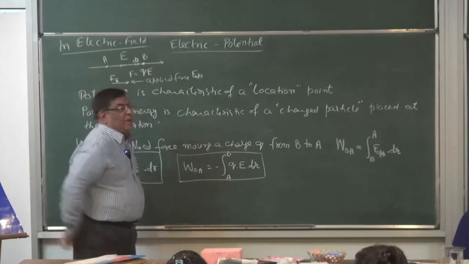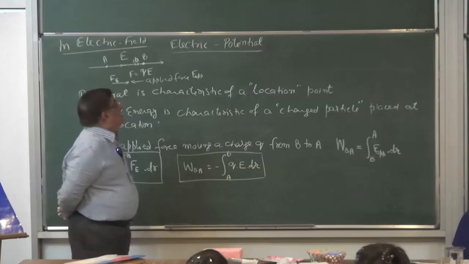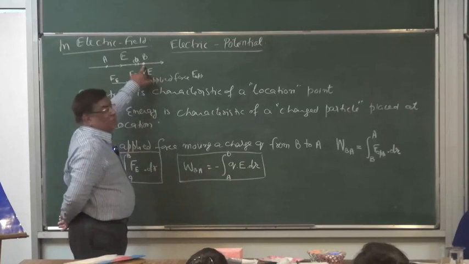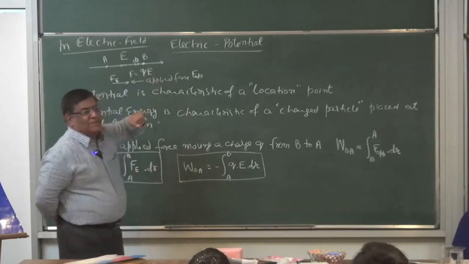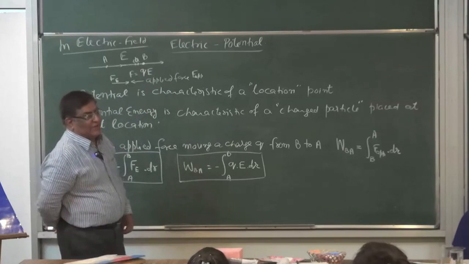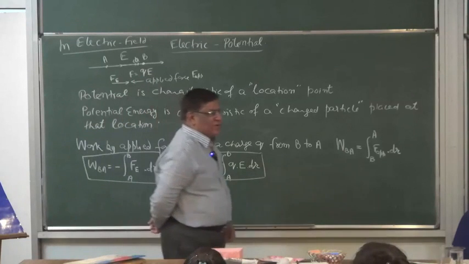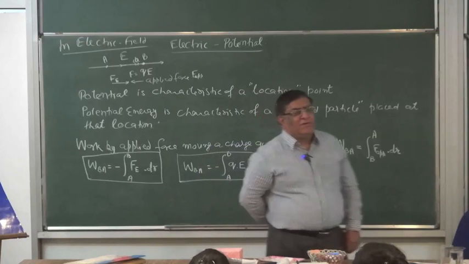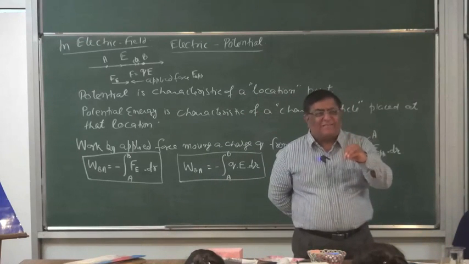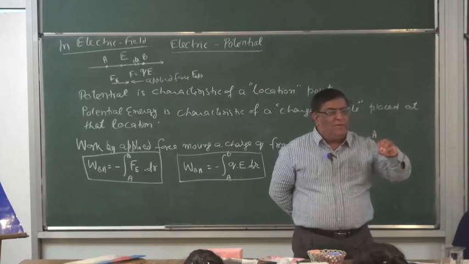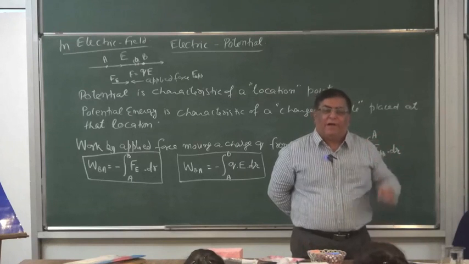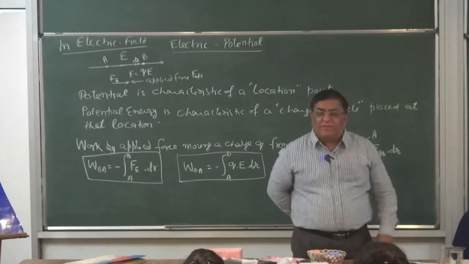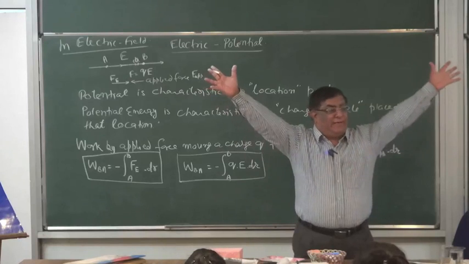Now suppose the charge, when it is brought to the point B, has got certain energy, potential energy. Why potential energy? Because we cannot place a charge at point B without doing any work. We have to do certain work because the electric field goes up to infinity.